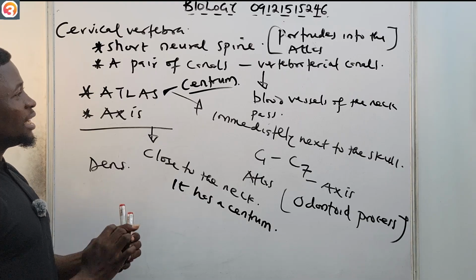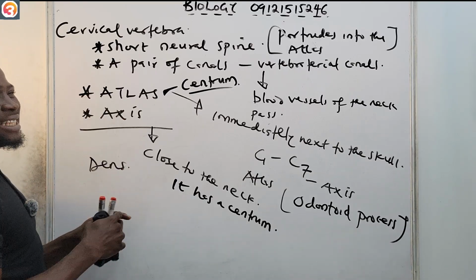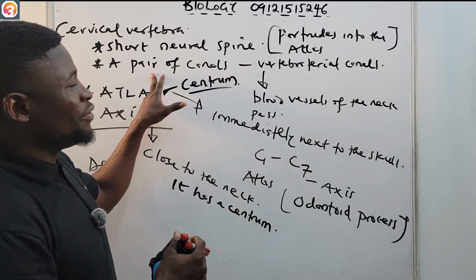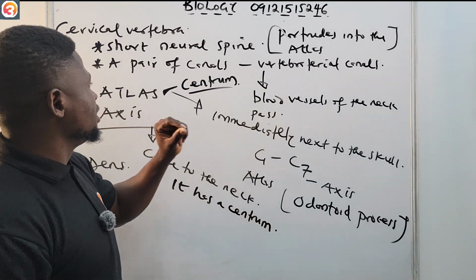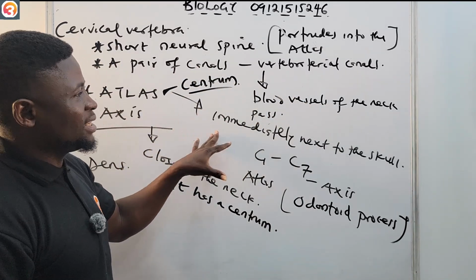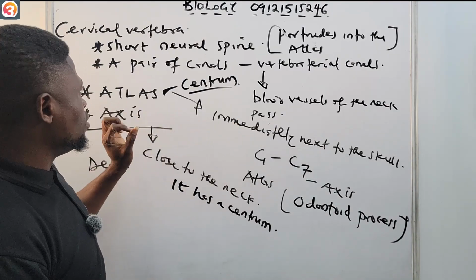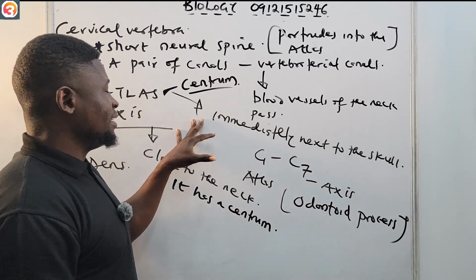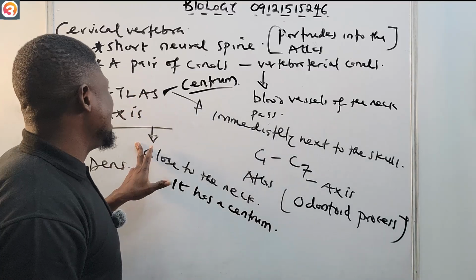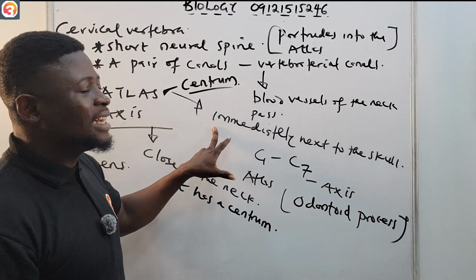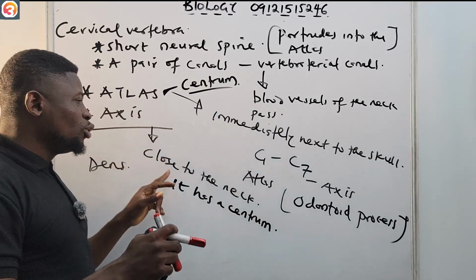Please take note of that. The cervical vertebra has a short neural spine and a pair of canals called the vertebral canals, through which the blood vessels of the neck pass. Then I observe the first two cervical vertebrae, the atlas and the axis. The atlas is immediately next to the skull, while the axis is close to the neck.